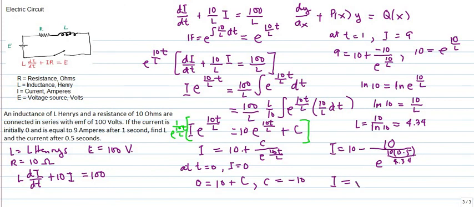So we have the value of I, and then we have the value of our L. So this is how we compute this problem: electric circuit application of differential equation.